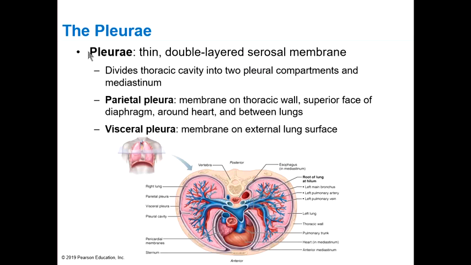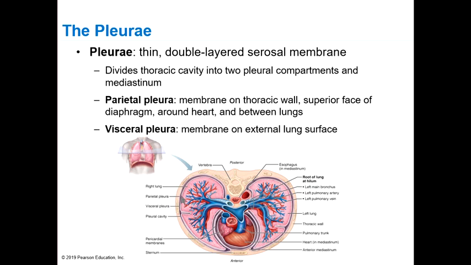The pleura is a serous membrane surrounding a lung. So we have two pleurae, one for each lung. The thoracic cavity will be divided into these two pleural compartments, as well as a pericardial compartment, and that's fine. Now, the pleura, you might recall from previous chapters, long time ago, is a double-layered serous membrane.